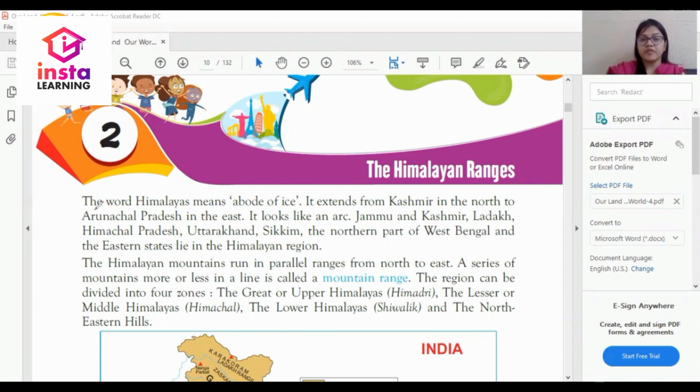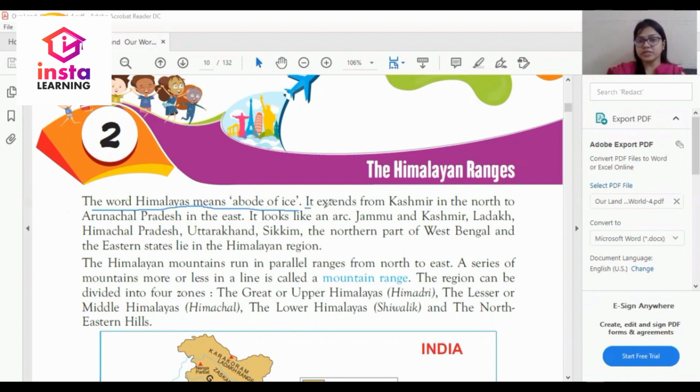Very first, the Himalayas means a drop of ice. What is the meaning of Himalayas? The word Himalaya means a drop of ice, जहाँ पर हमेशा बर्फ रहती है, बर्फ का एक घर जो बहुत ही ठंडा होता है.